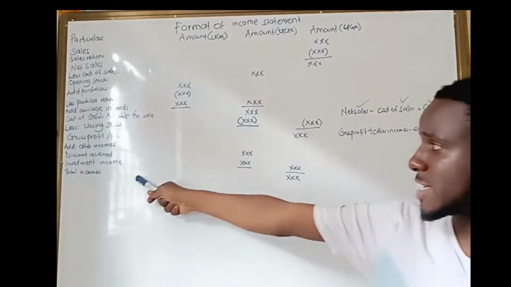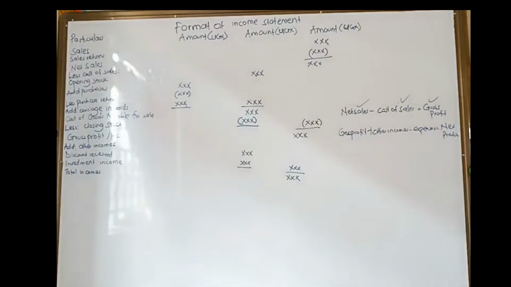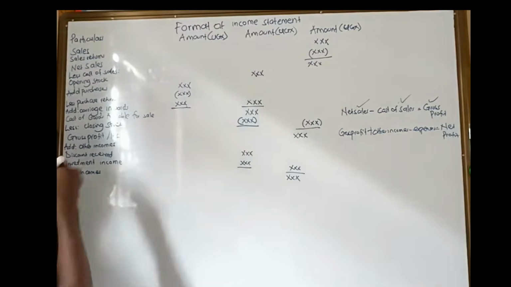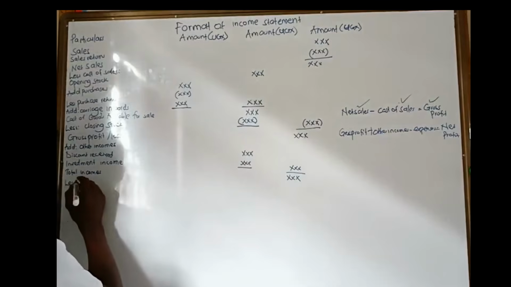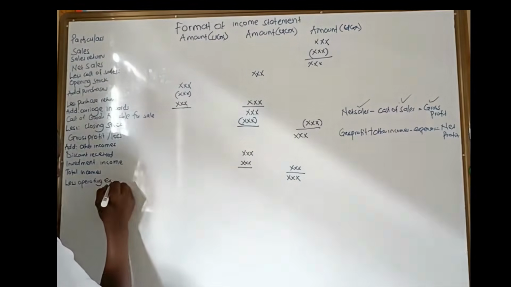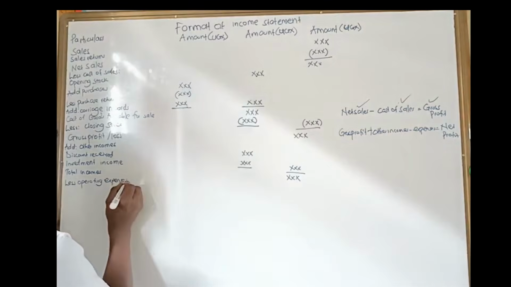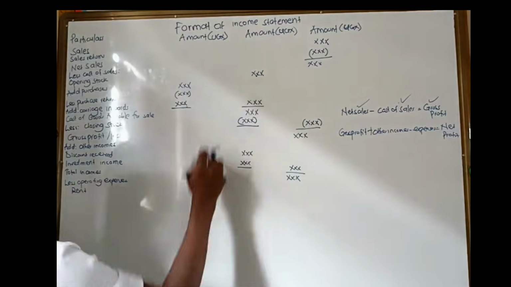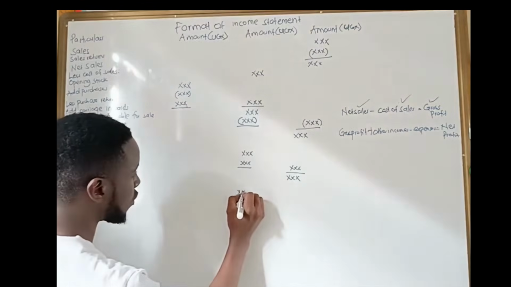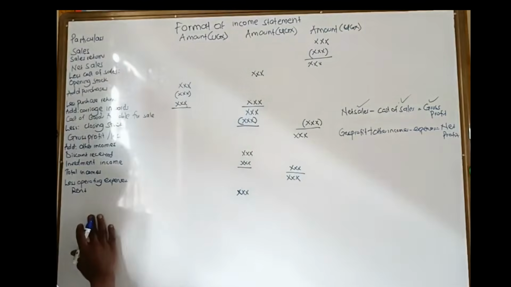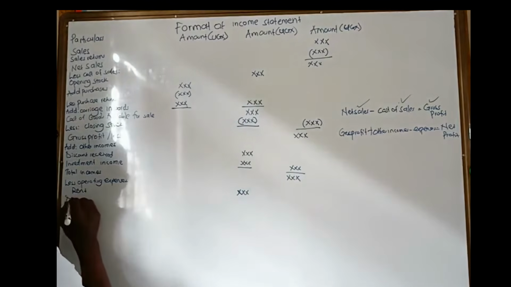So after doing this, we are going to subtract, we are going to take off our expenses, our operating expenses. So we say less operating expenses. And these are already so many. We can have rent. We bring the second column. We place it there. We can have discount allowed.